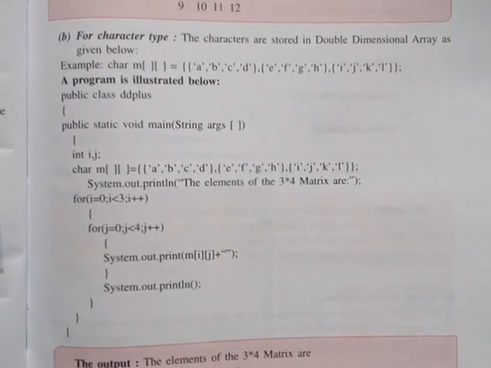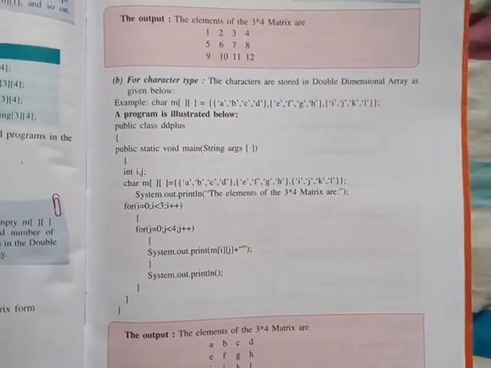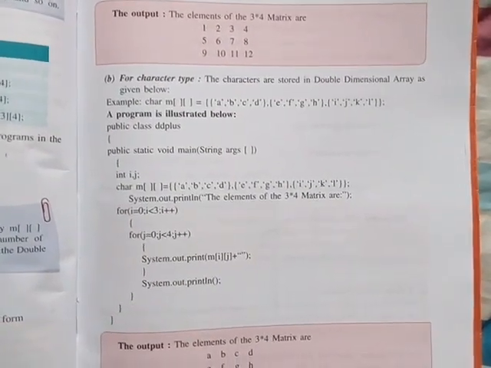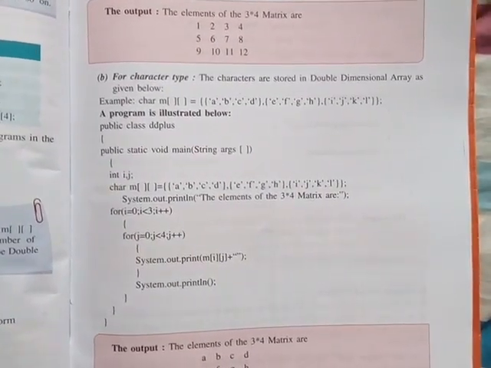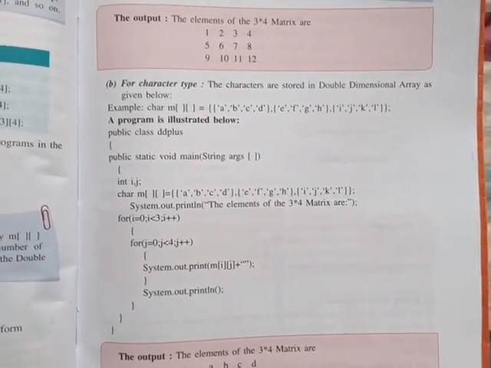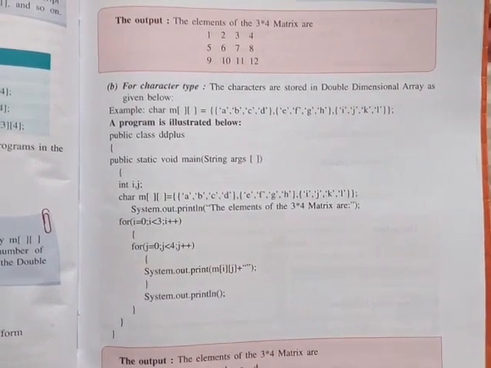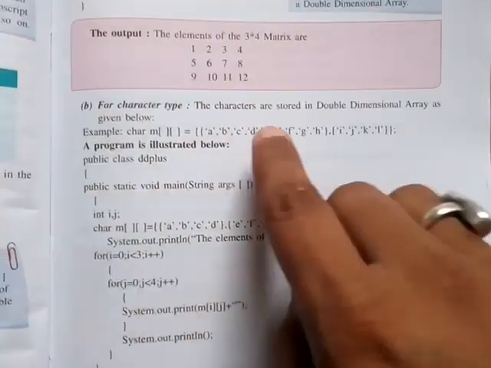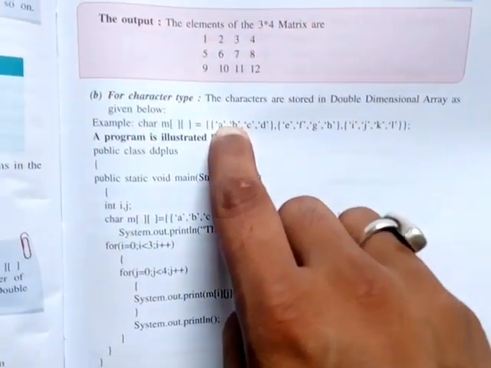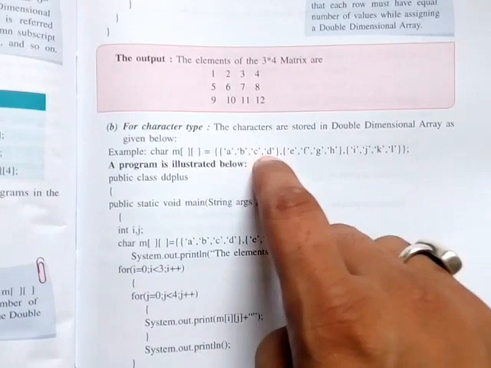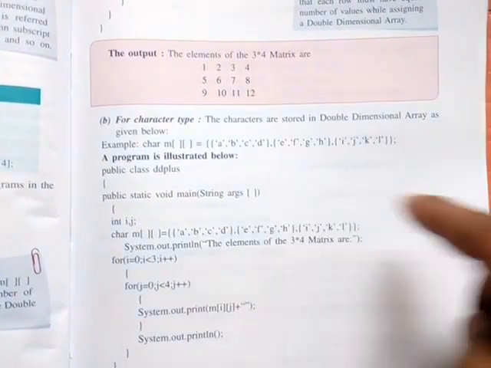In this program we will learn how to enter character values. For character type, the characters are stored in a double dimensional array as given below. Example: char m equal to {'a','b','c','d'}. All these character values are enclosed in single quotation marks, because this is a character, not a string or integer number.